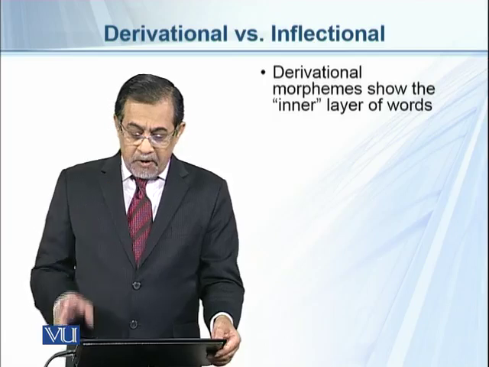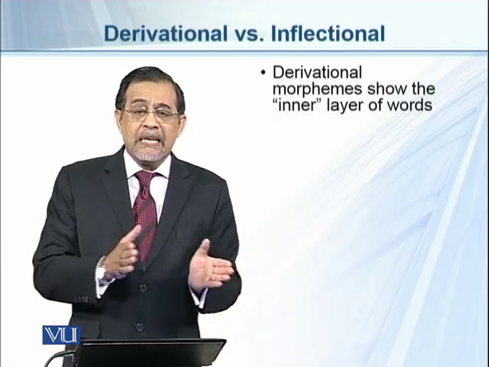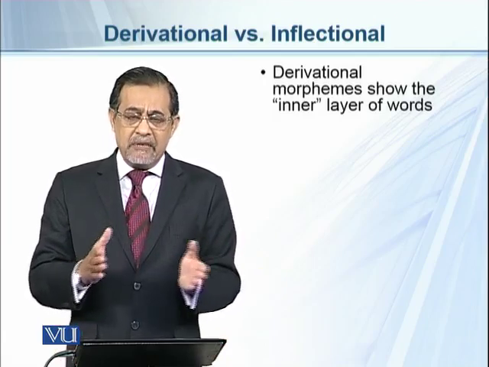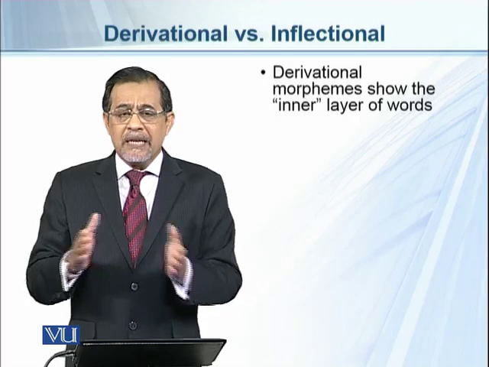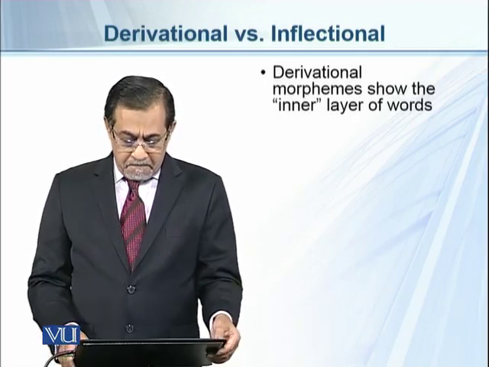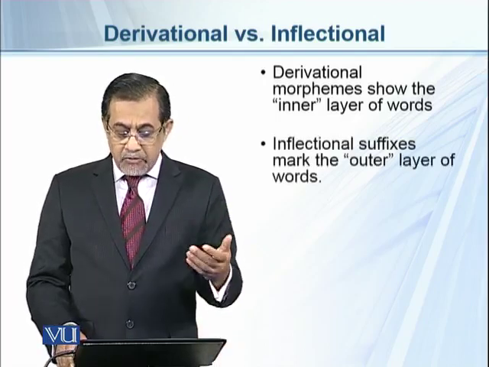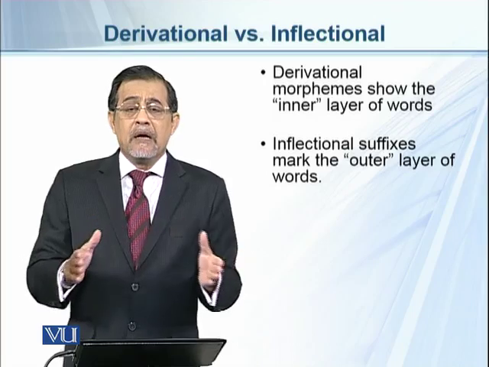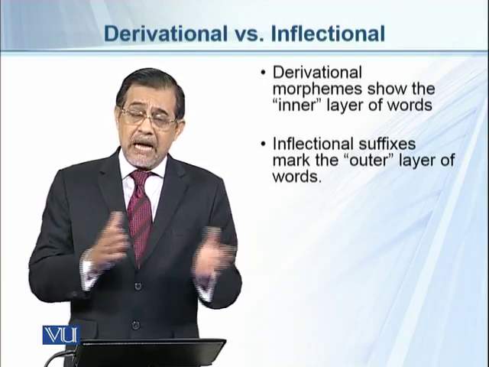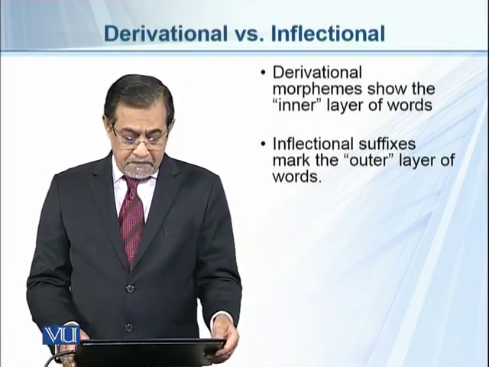So derivational morphemes show the inner layer of the words. They are attached to the stem, as we have the example of work and worker. Whereas inflectional suffixes make the outer layer of the word, and we make workers, and s is attached as an outer agent to the word worker.